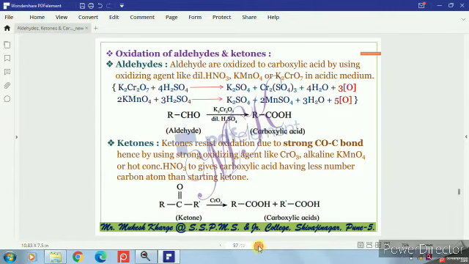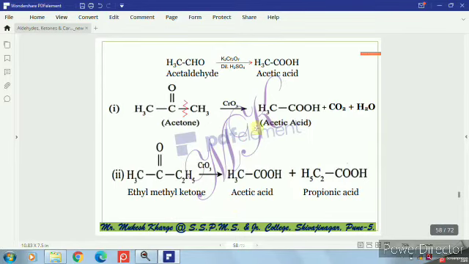The next one is, so here is the example. So acetaldehyde gives acetic acid and acetone gives acetic acid.